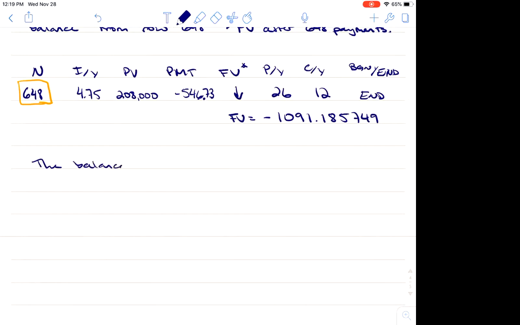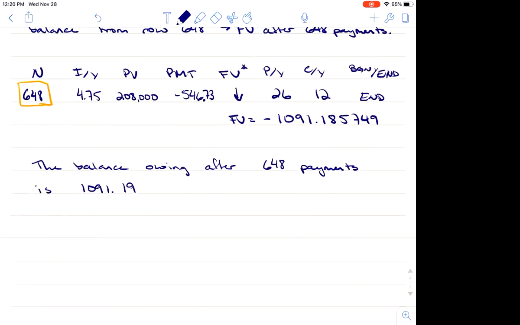The balance owing after 648 payments is $1,091.19. I'd be so impatient. Just pay it off and get it over with.